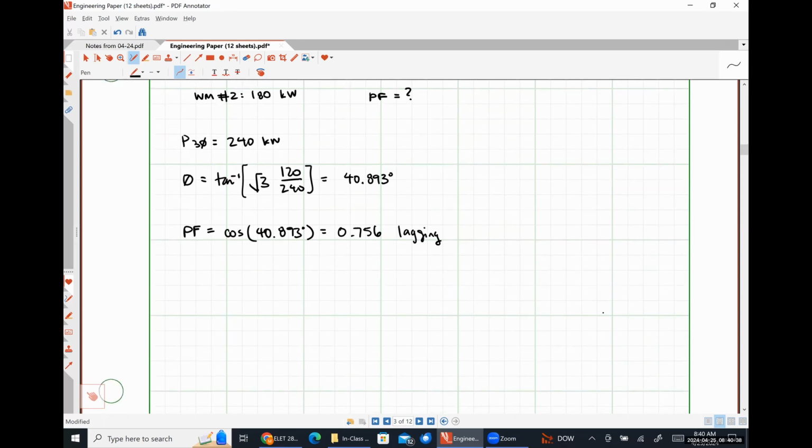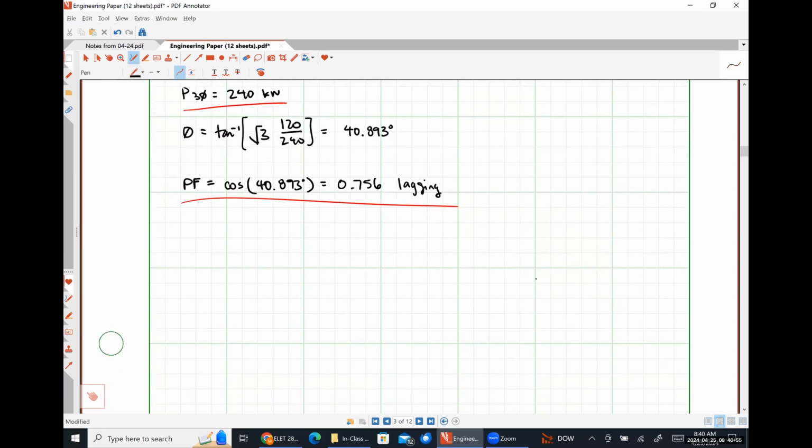And so now that we know average power and power factor, this is enough information to give us the complex power and therefore any power related quantity that we want, right?